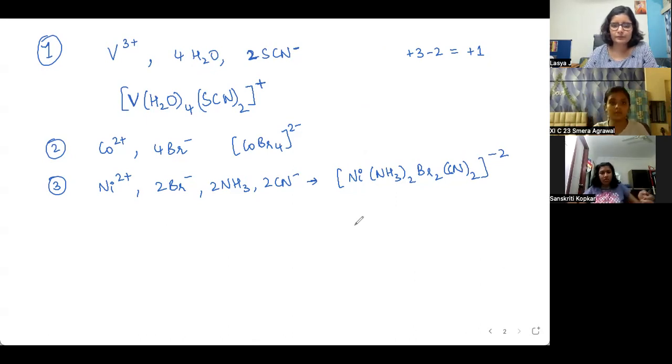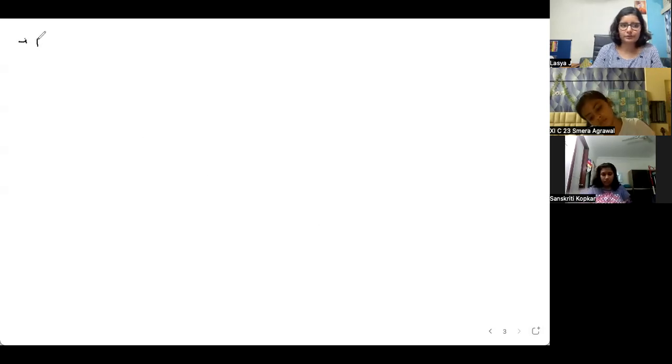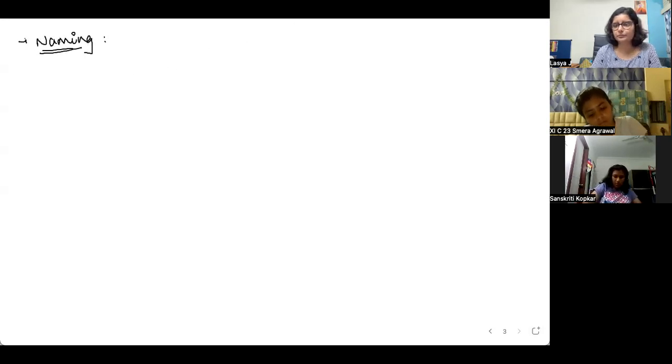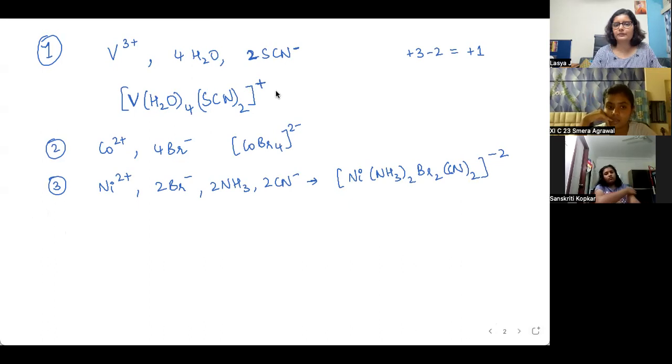Okay. Now rules for naming. So if you're given a formula, you have to give the name of the compound. In this case, it is mostly the same, but for example, we've seen this is a cationic complex, right?